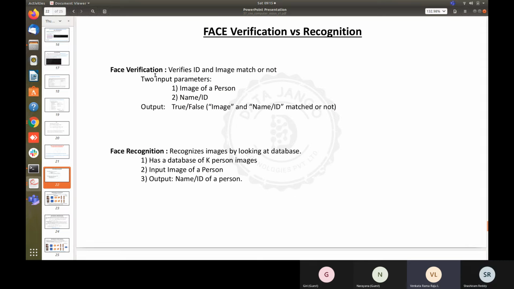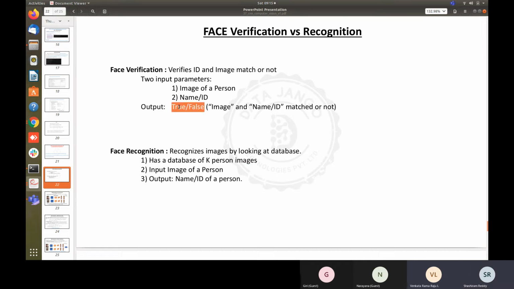We call it a Siamese network. Face verification means you pass a person's image and ID, and it will tell whether the person is present in the database or not. Face recognition means you pass the image only, and it will check against k images in the database and output the name or ID.